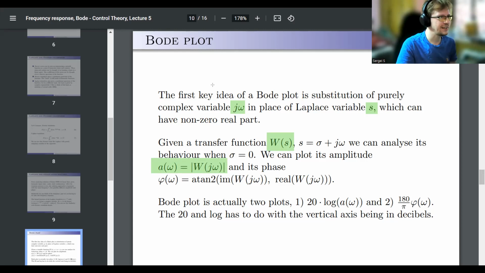And we would analyze the phase. I've just given you a formula here. It is the angle between the imaginary part and the real part, given by arctangent.